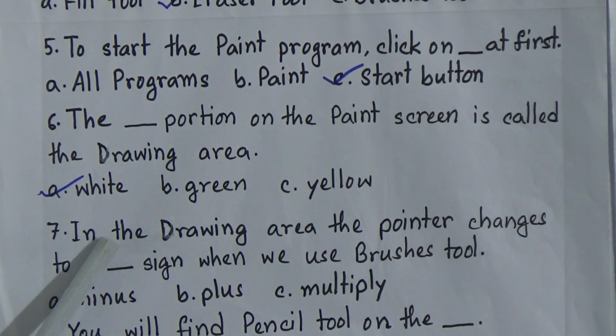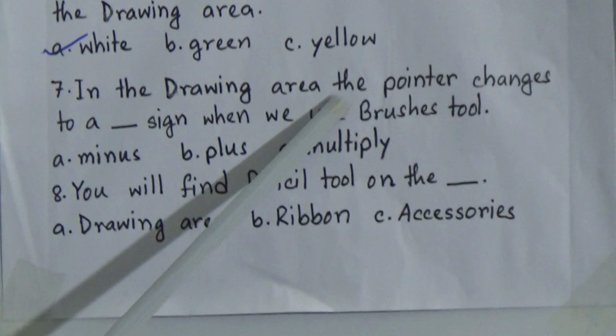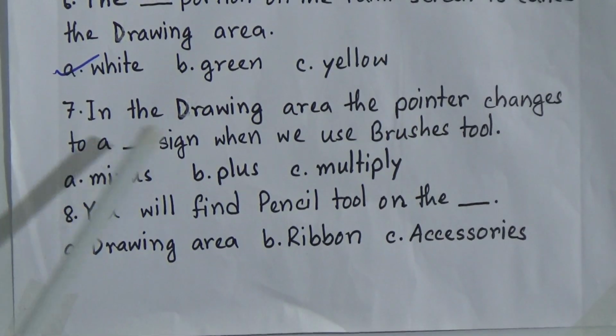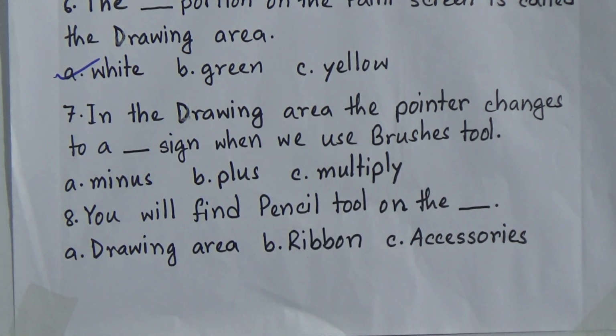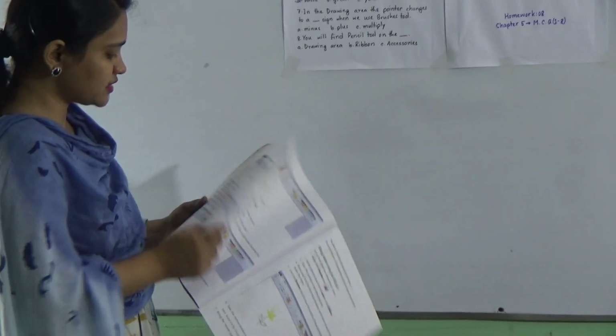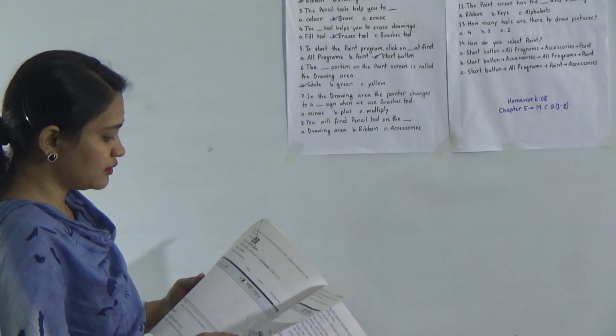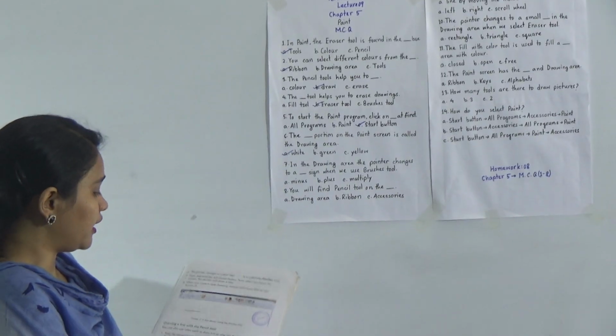Now number 7. In the drawing area, the pointer changes to a dash sign when we use the brushes tool. So when you use the brushes tool, the pointer will change to a sign. And what sign? Could you remember? If you can't remember, go to page number 35.